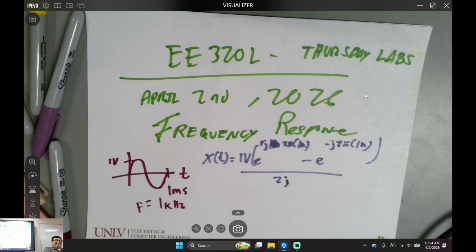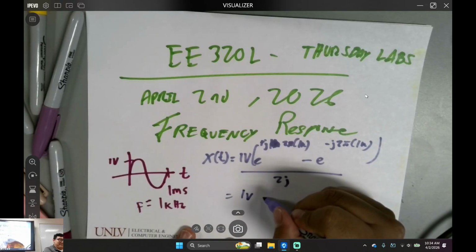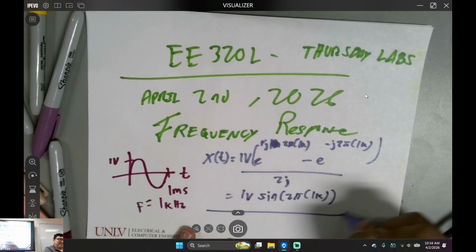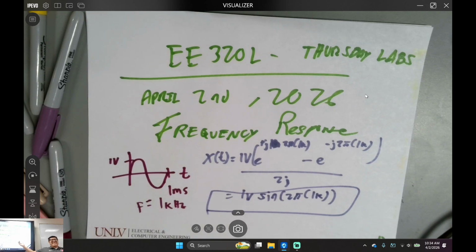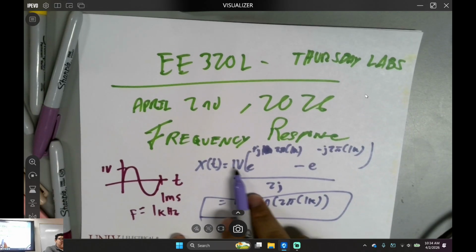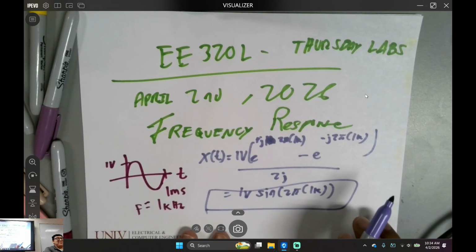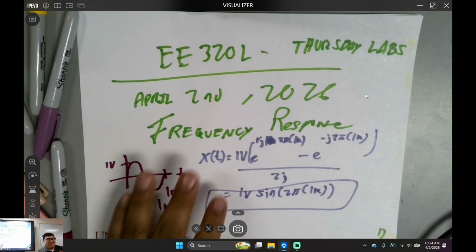Is that a sine wave? Signals and systems, really cool, because all signals and systems are just amplitudes and Euler's equations. Right? Everyone understood what's going on? Not too hard, not too bad.